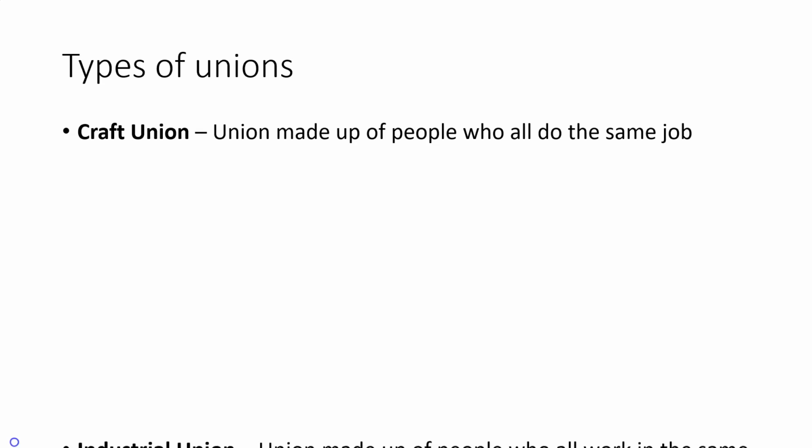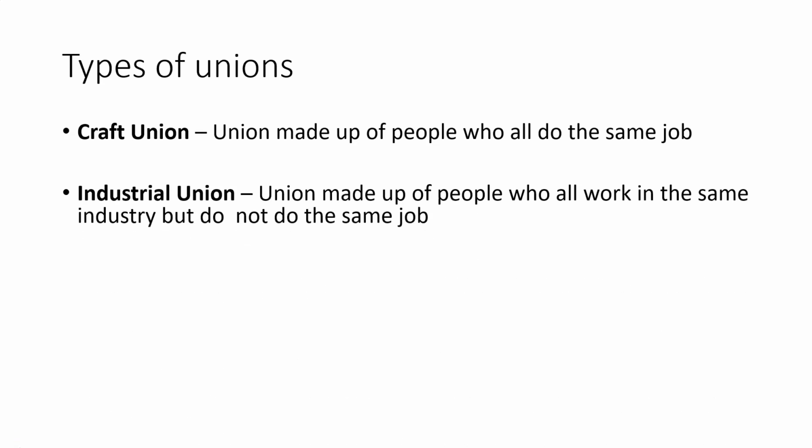The next type of union that we have are industrial unions. And these came into play when industry first started. An industrial union is a union made up of people who all work for the same company, but don't necessarily do the same job.